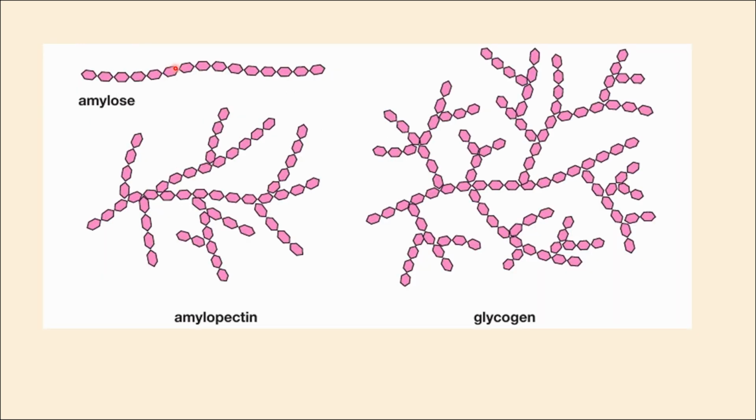This is a schematic diagram from your textbook showing amylose, amylopectin, and glycogen. If you can keep this picture in your mind, it will help you easily recall their structures. As you can see, amylose is a straight chain molecule. They contain only 1,4-glycosidic bonds.